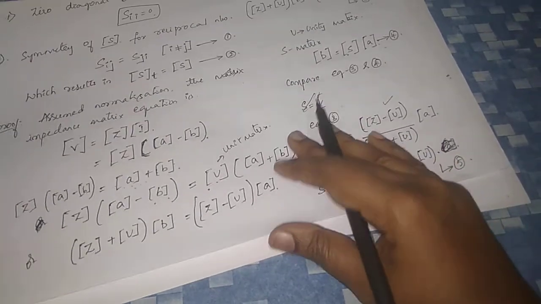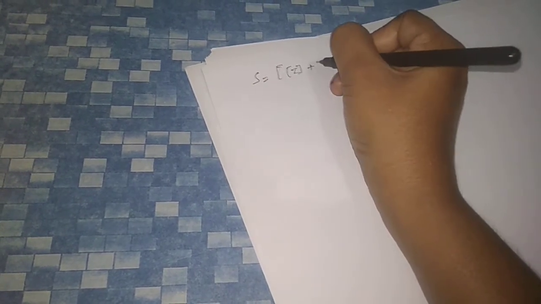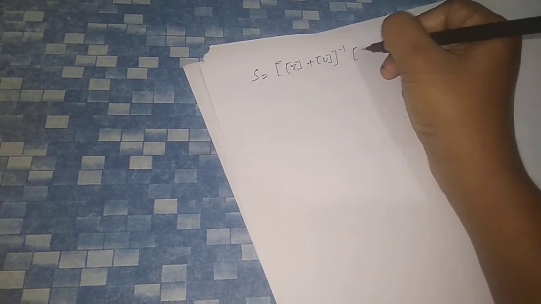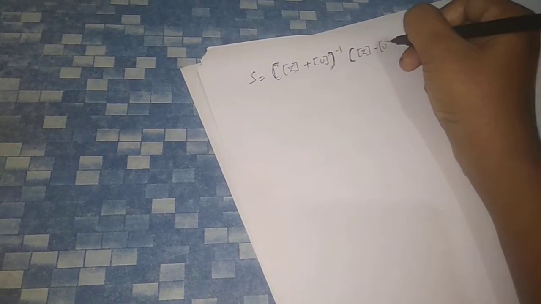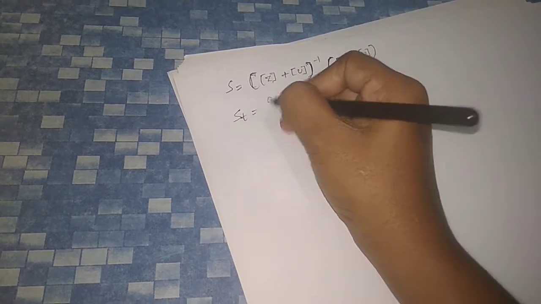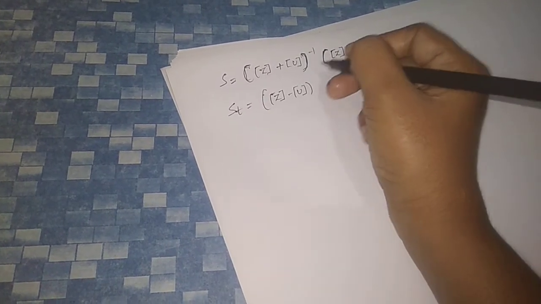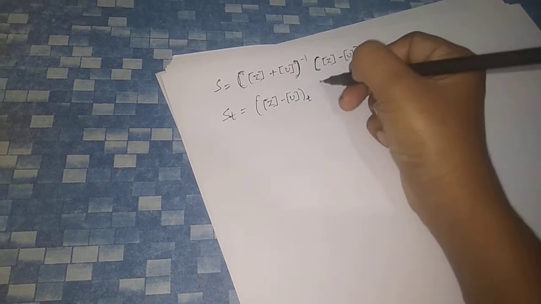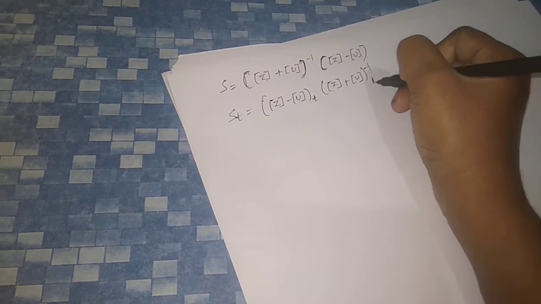So from this I can write the transpose. S transpose is Z minus U transpose into Z plus U inverse transpose.